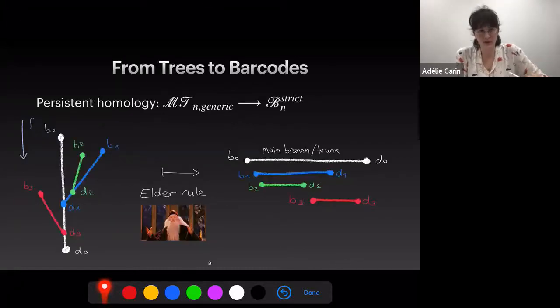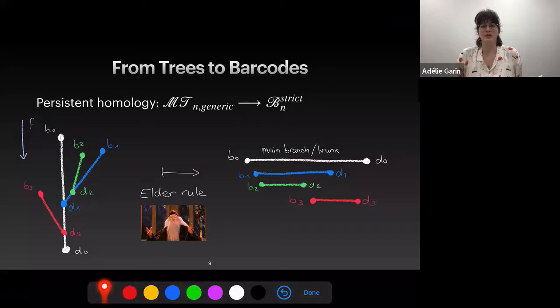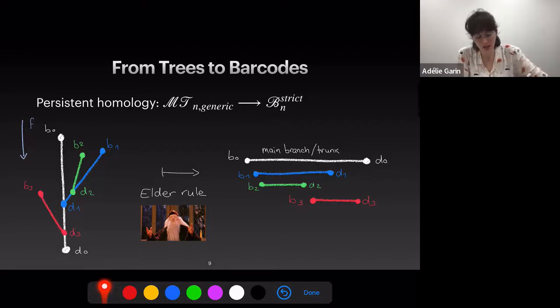Now you're probably all familiar with persistent homology. So it takes a merge tree with n plus 1 bars here. Generic is to say that all the values of the function on the vertices are different. And it will return a strict barcode because all the values are different. The birth and death will also be different. And well, you can either take the very functorial approach of persistent homology, but here we're just considering the 0th homology. And there's a much simpler algorithmic way of seeing this.